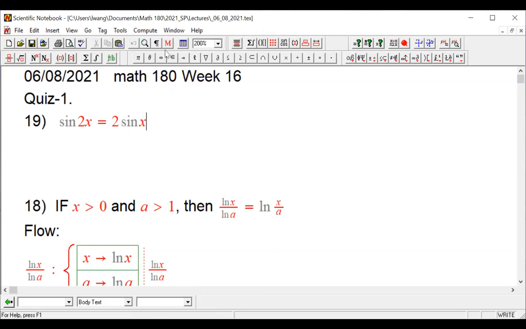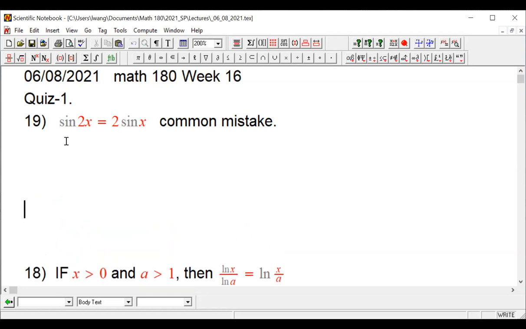A similar mistake could be 3x and 3 times sine x. It could show up in many different shapes and forms. It doesn't have to be 2. So this is a terrible mistake.